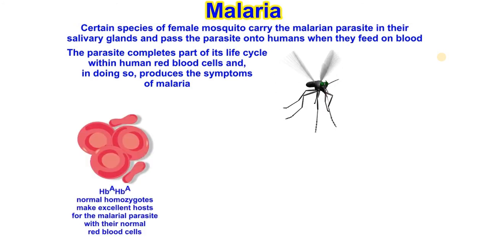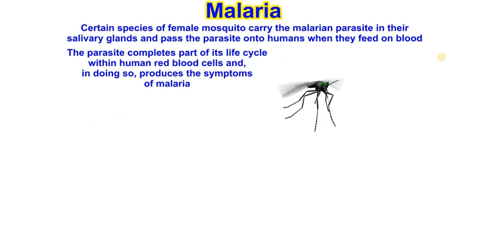Here's a mosquito. Mosquitoes carry a parasite, a single-celled parasite, and when the mosquitoes land on you, they pierce your skin, and the mosquitoes feed on your blood, and that's how they get their nutrition. But they do infect you with this parasite, which can then live in your red blood cells.